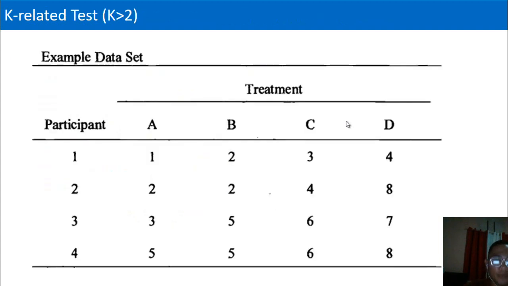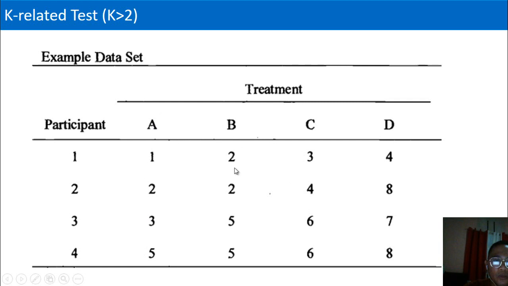Say for example, we have here a set of data, treatment A, B, C, and D, with 4 participants, where A is a tablet actually that is for time of relief. That means the highest number, it means the better relief. And we have here treatment A, we have 1 hour, 2 hours, 3 hours, 5 hours.